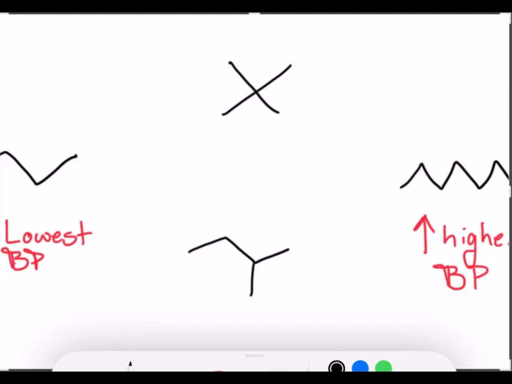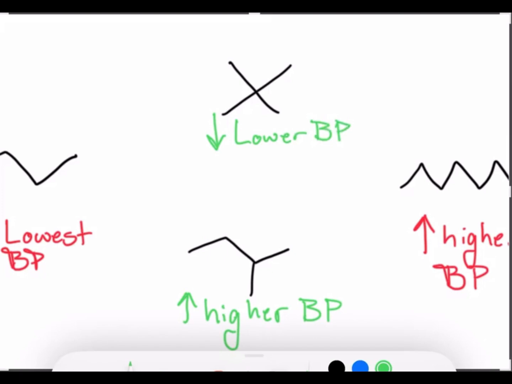Now, they both have the same amount of carbon bonds, but the one on the bottom is going to have the higher boiling point. And the one on the top is going to have a lower boiling point. That boiling point is going to be about 10 degrees Celsius. And the one on the bottom is going to be about 28 degrees Celsius. Now, that is because the lower surface area means less interaction with other molecules.